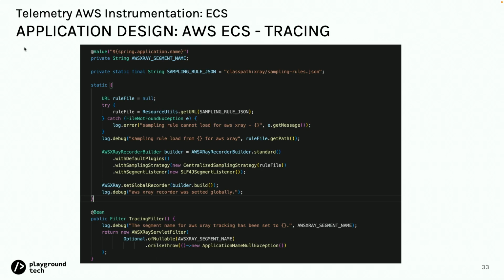It creates the AWS X-Ray library and injects the rule. It tells you what sort of API requests it will track, and whether it needs to send those tracked requests in a batch or in real time. This is how you normally do it in Java, and similarly in other languages.